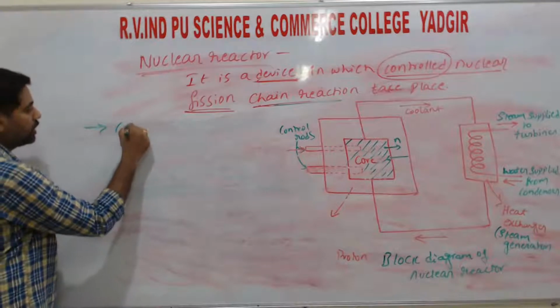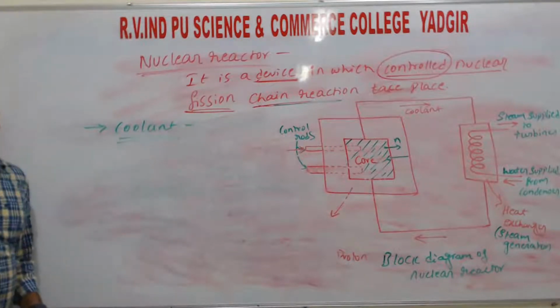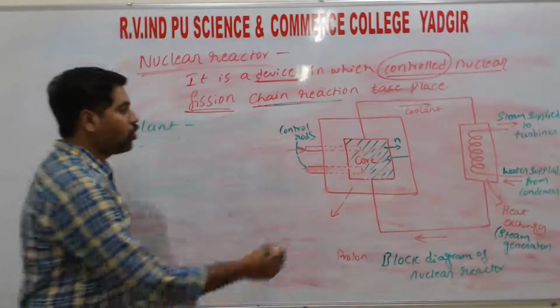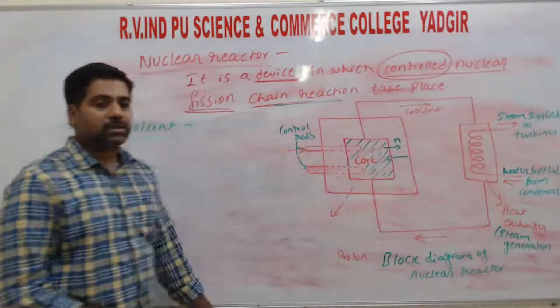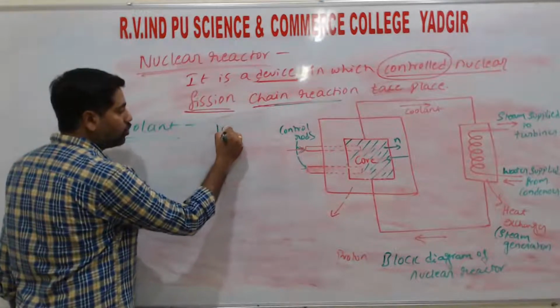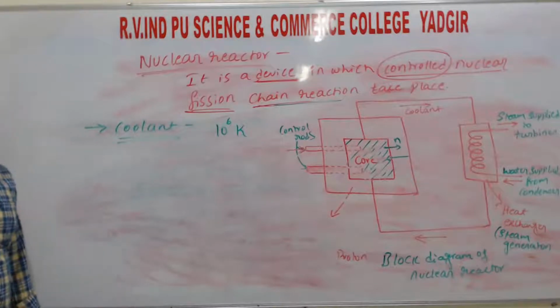The next one is coolant, right? What is the purpose of the coolant? In the core, when the uranium splits into neutrons, energy is released. The heat energy is of the order of 10 to the power of 6 Kelvin.